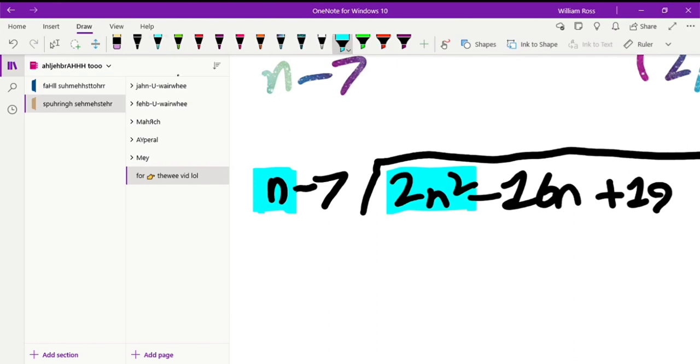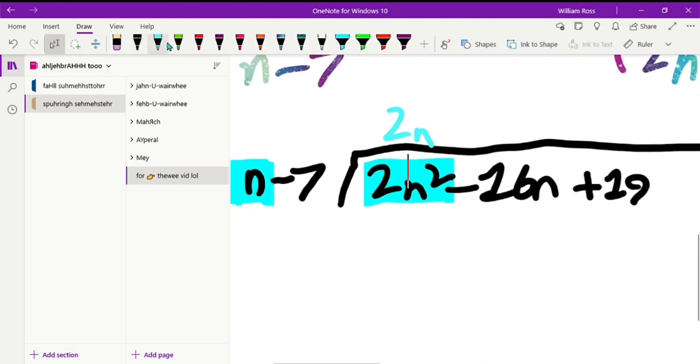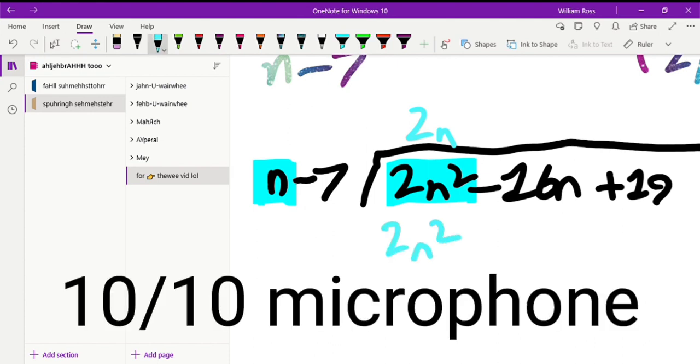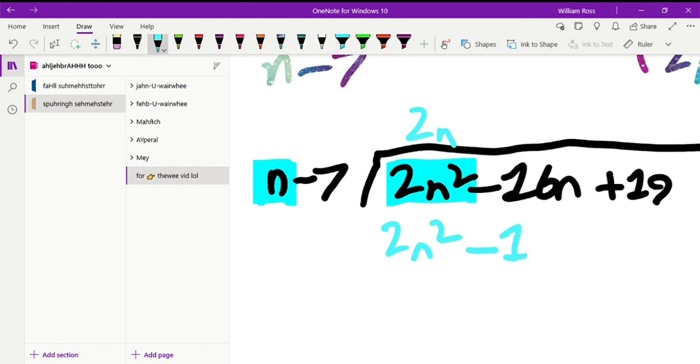So n goes into n squared 2n times. And then, of course, you multiply whatever is here by here. So in that case, it will be 2n squared minus 14n.